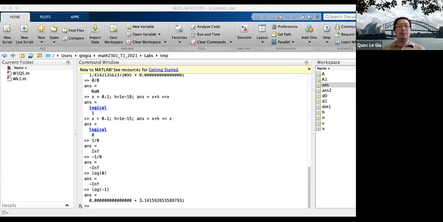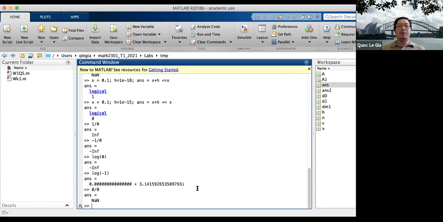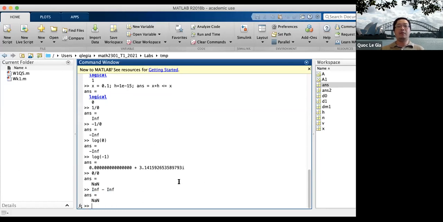And then what is 0 over 0? We got it before, not a number, right? Now what is infinity minus infinity? This must be not a number. Yes, it's correct. Infinity minus infinity is not a number, because it's an indefinite form, if you remember your calculus.